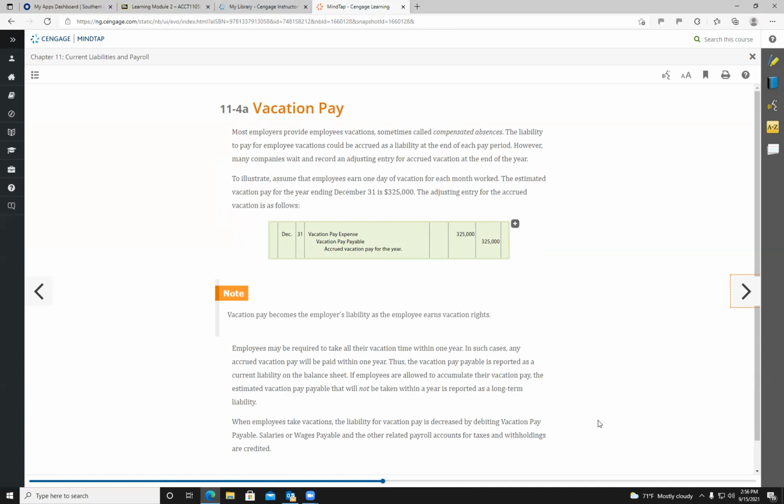So the adjusting entry for the accrued vacation would be, you would record the vacation expense and then offset it with a payable. Vacation pay becomes the employer's liability as the employee earns vacation rights.